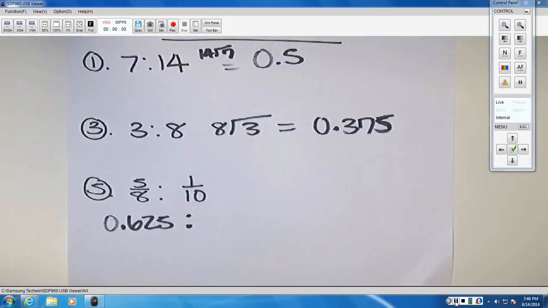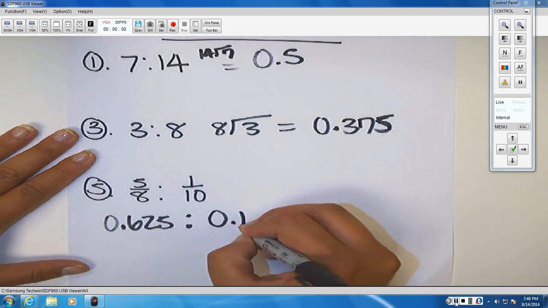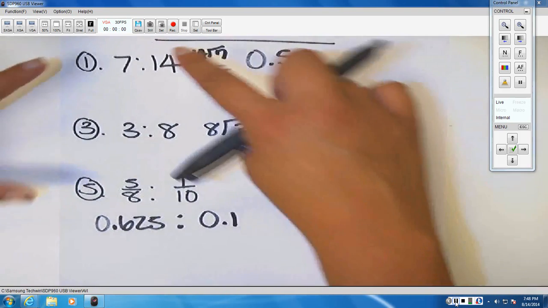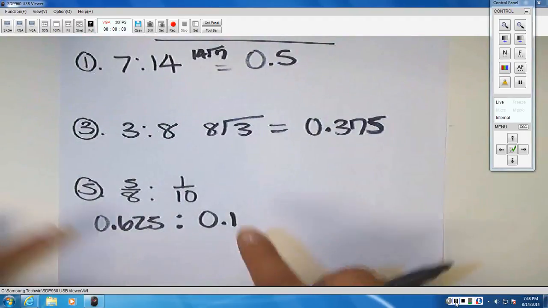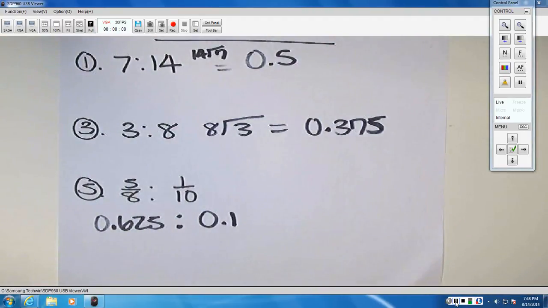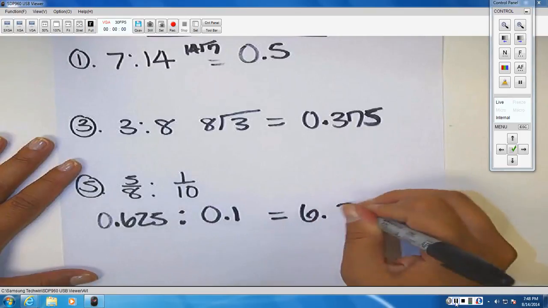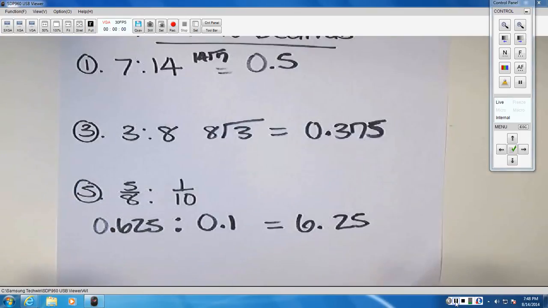And then 1 divided by 10 gives me 0.1. So now I have a simple ratio with decimals. Again, I'm going to divide my first number by my second number. 0.625 divided by 0.1 gives me 6.25 as my final answer.